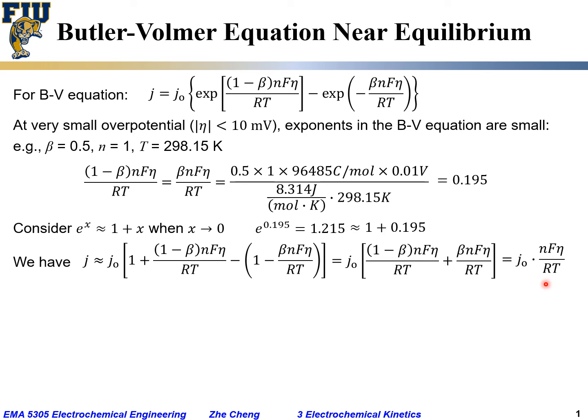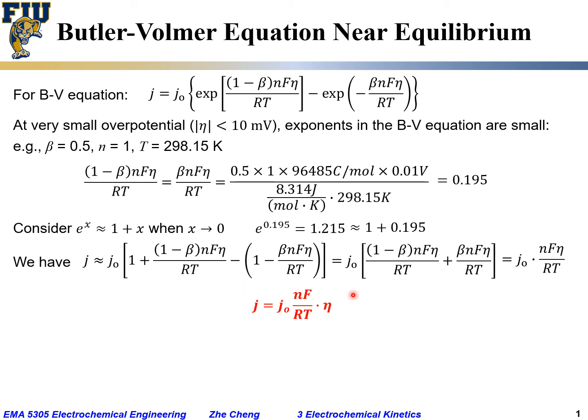Again, this is the simplification when we are near equilibrium, when the overpotential, in this case, is smaller than 10 millivolt. We evaluated even for 10 millivolt at 298.15 Kelvin, and this approximation is reasonable. So in this case, we linked J, the net current density, with eta, the overpotential, with a simplified relationship: J equals J0 times NF over RT times eta.